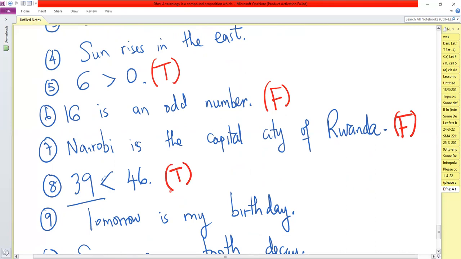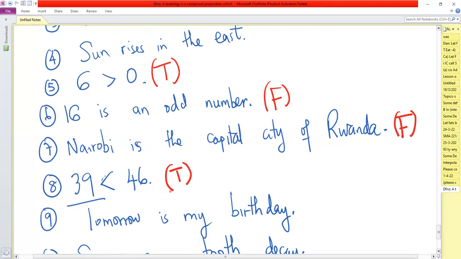Now, when we say tomorrow is my birthday, this is a proposition because the person saying this statement can either be telling the truth or not. We know that the birthday of any given normal person is just one day per year.